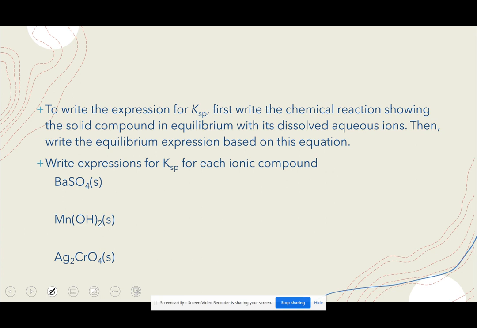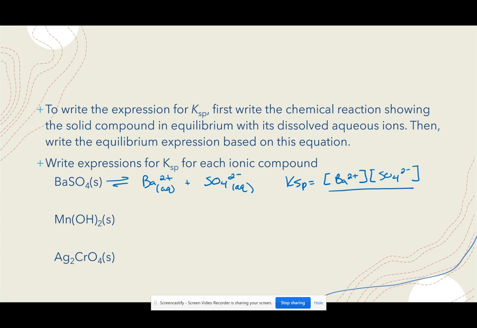So barium sulfate solid is dissolving. It is in equilibrium with one barium ion and one sulfate ion. Those ions are dissolved in water, and so the state when something is dissolved is aqueous. So when I'm writing my Ksp expression, it would be the concentration of the products over the concentration of the reactants.